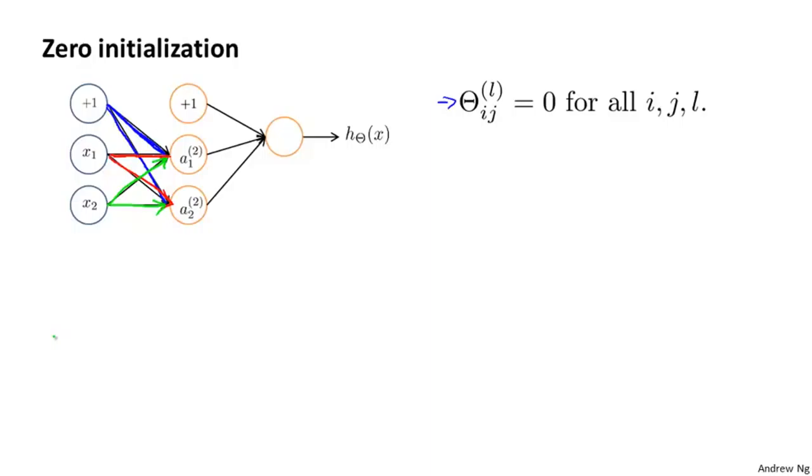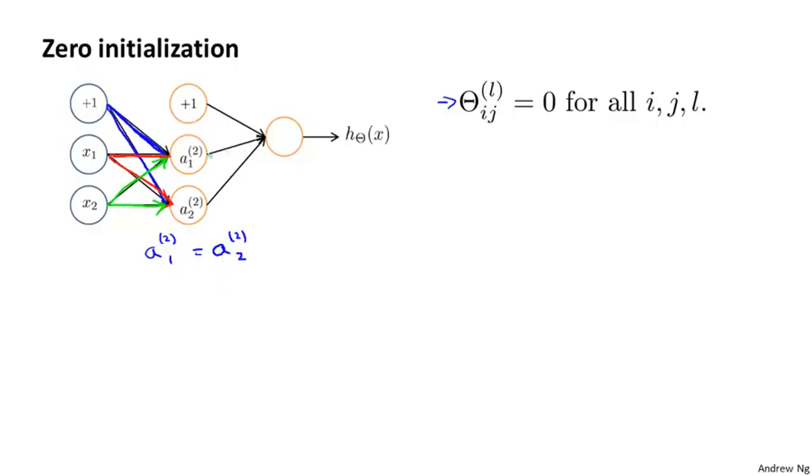And what that means is that both of your hidden units, a1 and a2, are going to be computing the same function of your inputs, and thus for every one of your training examples, you end up with a1(2) equals a2(2).